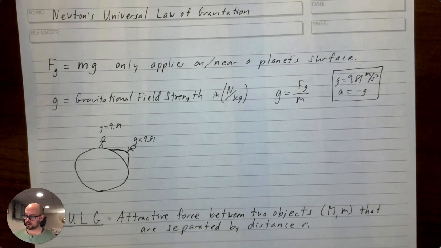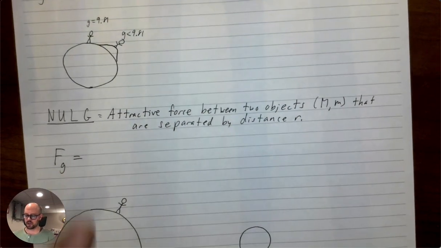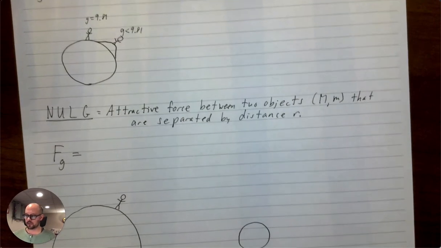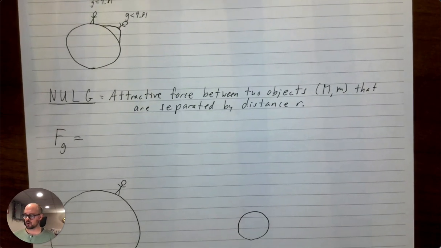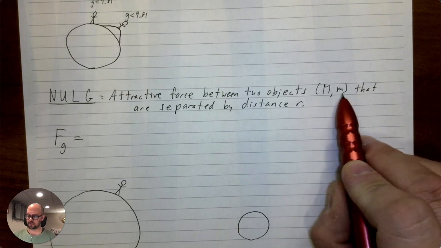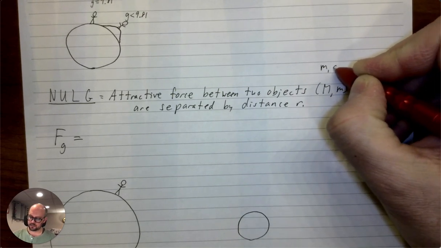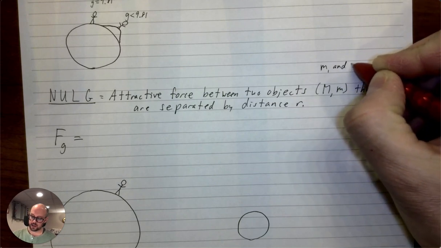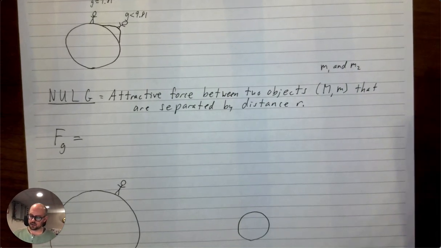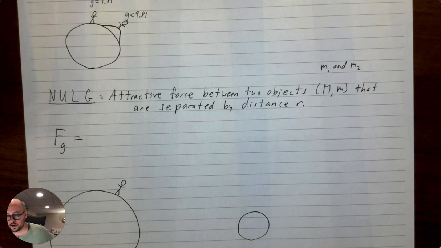This law is called Newton's universal law of gravitation. It describes the attractive force between two objects, and I'm going to call them big M and little m. Your equation sheet calls them m1 and m2, separated by a distance r.